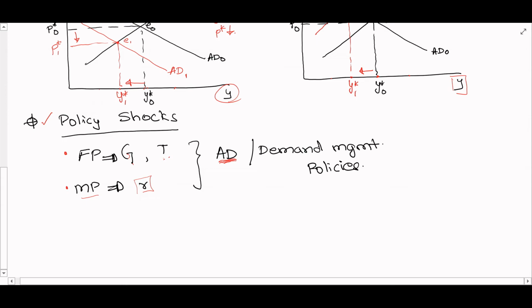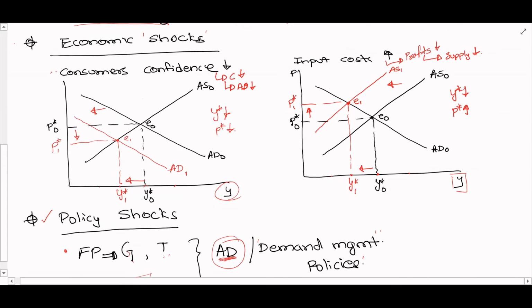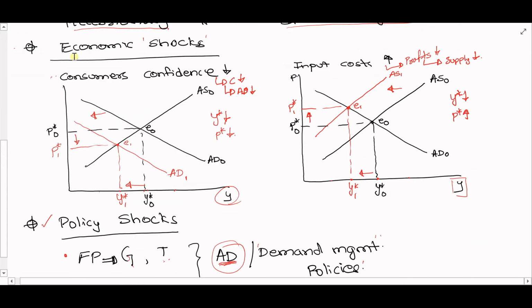So let's sum up everything. Policy shocks will affect demand, also known as demand management policies. Economic shocks can affect aggregate demand or may affect aggregate supply. It depends on the type of the shock. So a shock could be through the demand, or a shock could happen to the supply.